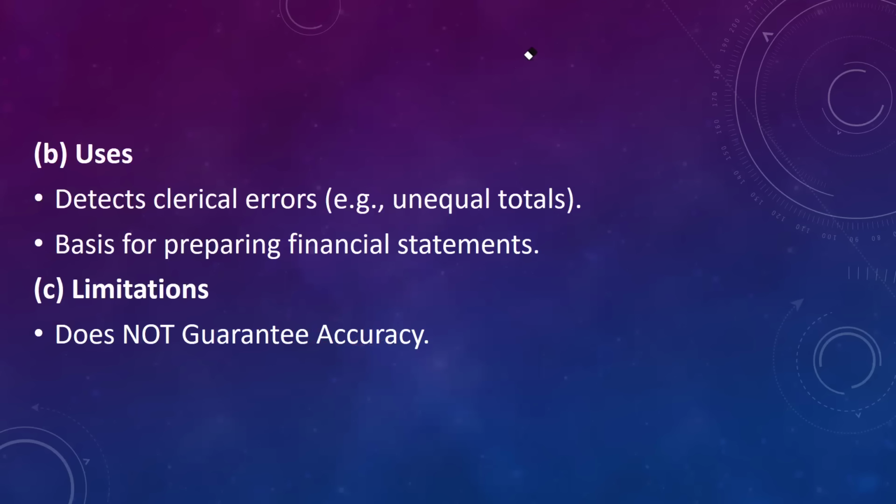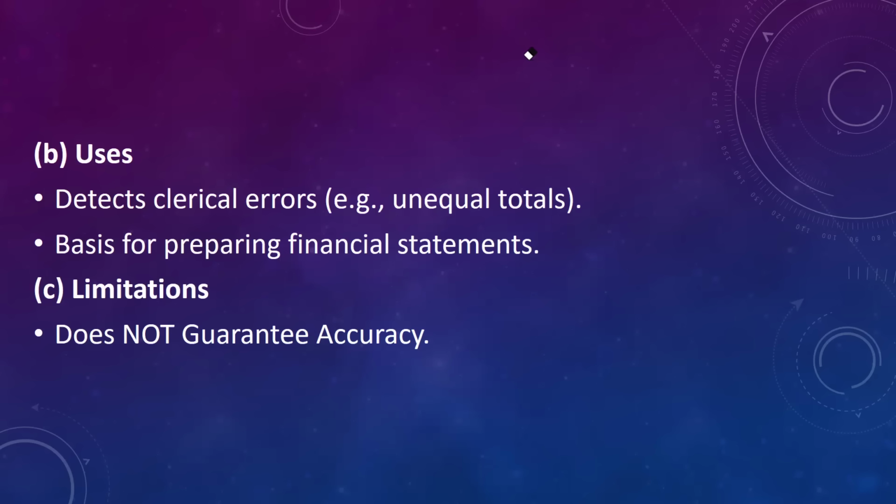Now, trial balance is used to create the income statement and balance sheet. So it's a basis for preparing the financial statements, right? The income statement and the statement of financial position or the balance sheet. It can also be used to detect some errors. Notice I said some errors.